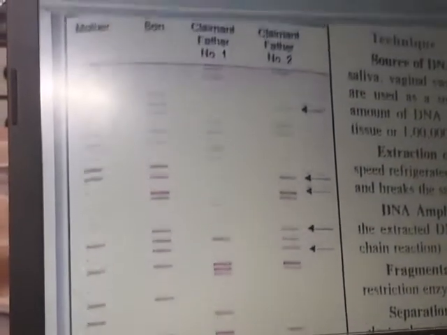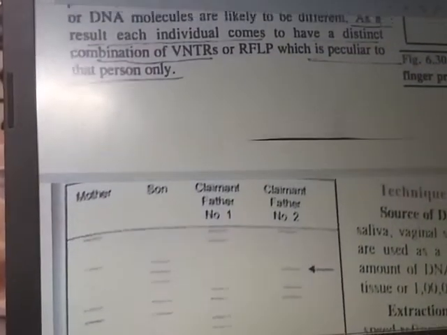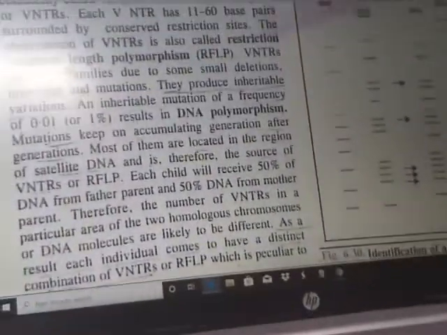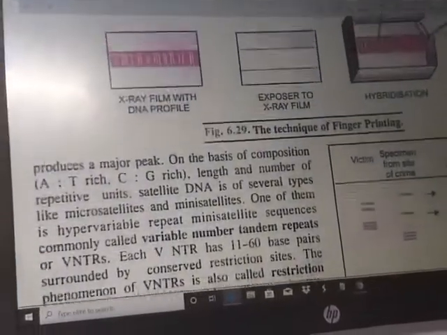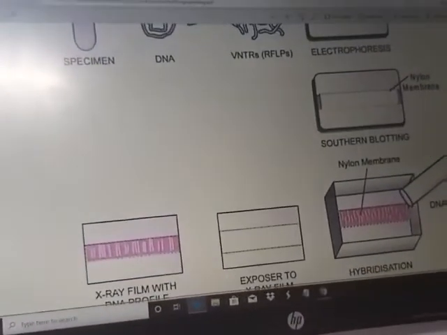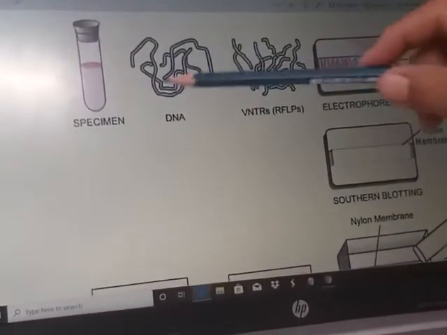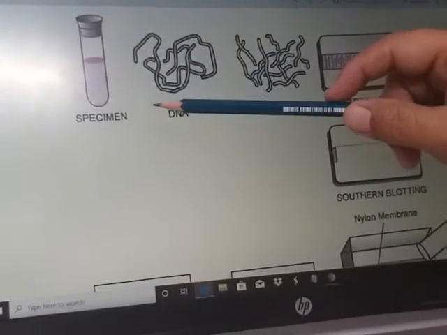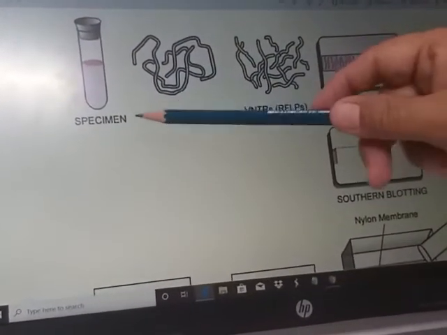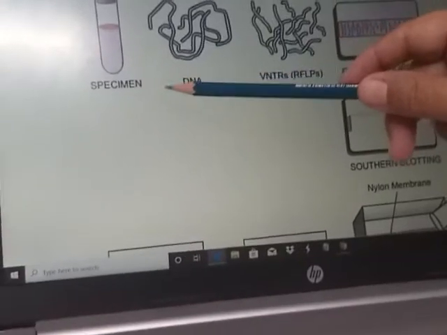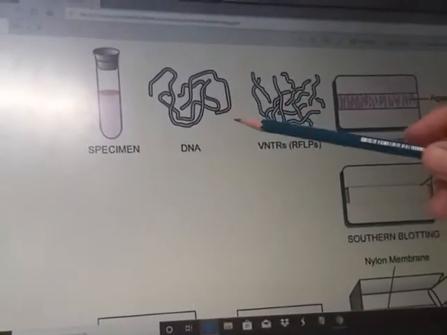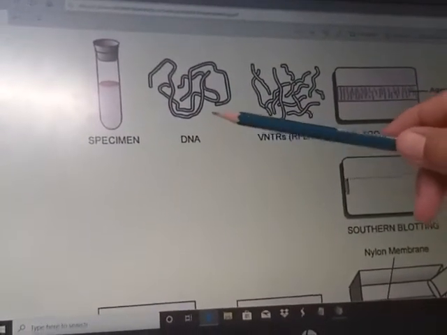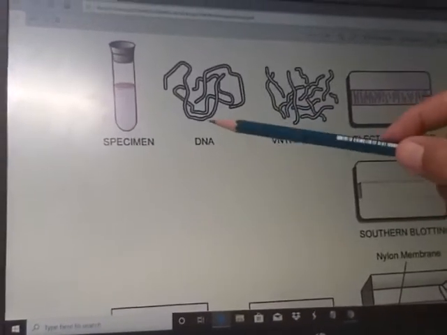Taking you further, we repeat the steps of the technique with the help of the diagram. So this was the specimen in any shape, in cells, swab, saliva. Here we are showing the isolated DNA. It is shown just to explain the technique.